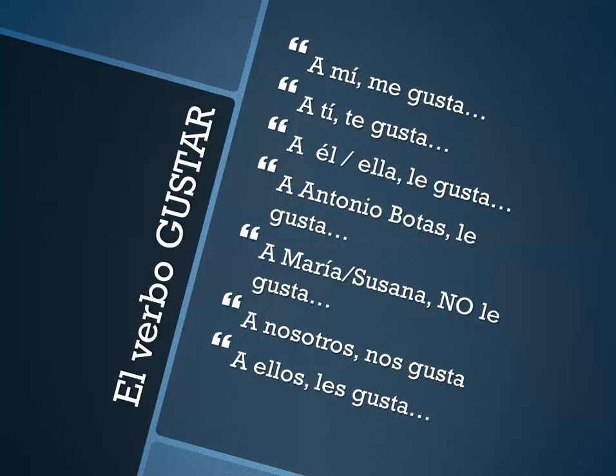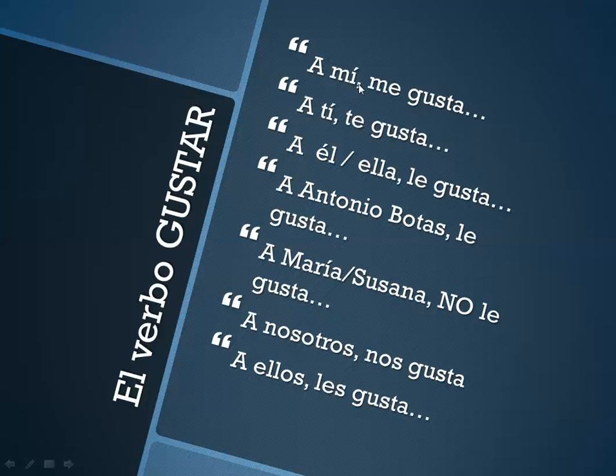So if you're trying to really specify that it's to that person or to the other person, whoever something is pleasing to, then you specify in the front with the a whoever. So a él, or a ella, or a ti, or a mí, or a Antonio Botas, or a Maria, or a Susana, or a Gatita. You can also do a nosotros, to us, or a ellos, to them, if you want to do plural.